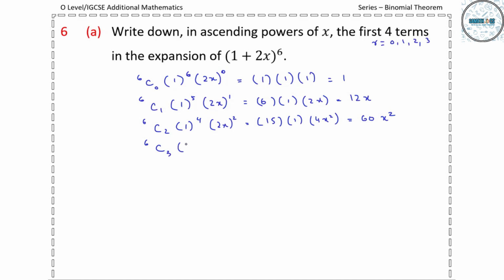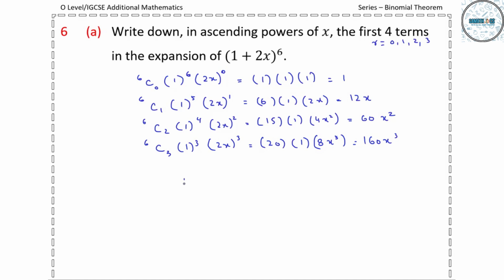Fourth term is 6C3, 1 power 3, 2x with power 3 is equal to 6C3 is 20, 1 power 3 is 1, 2x with power 3 is 8x cube, which is finally equal to 160x cube.